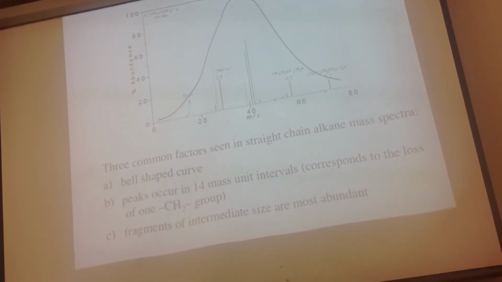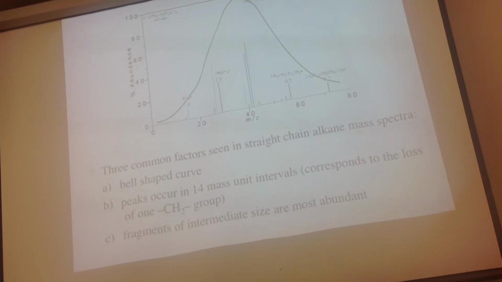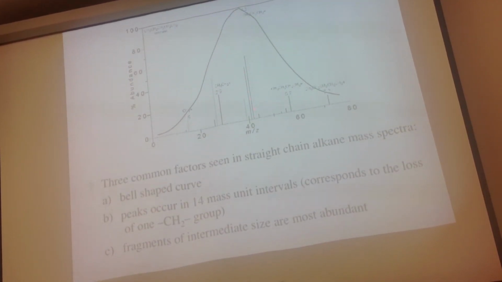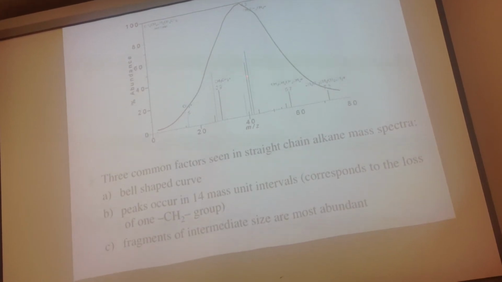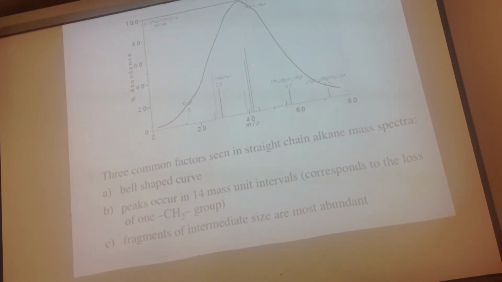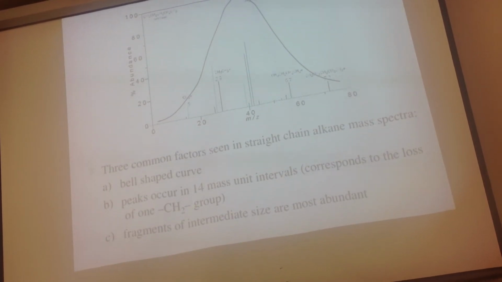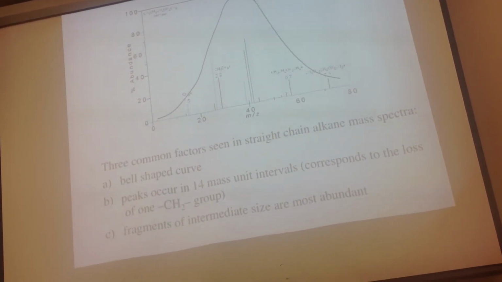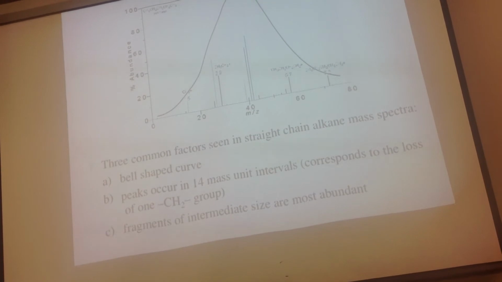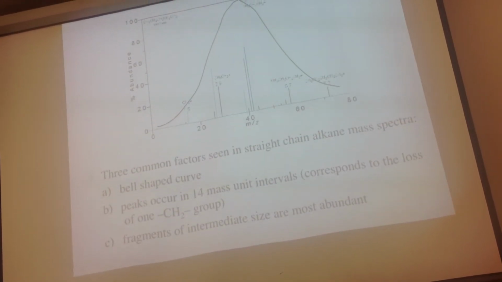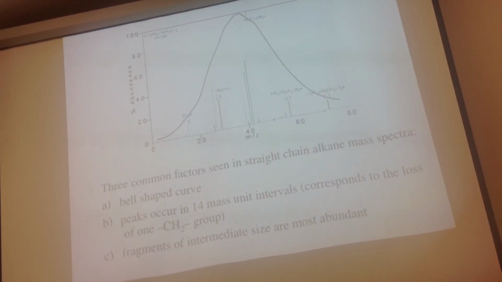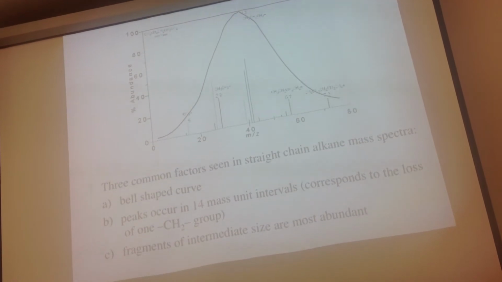As an example, if you take a look at this 43 right here, which was this propyl group, notice there's a few below it. There's a cluster around it. What you're going to find is that those are sort of relatives of that initial fragment that came through. Let's go up to this guy right here. This is at 43.